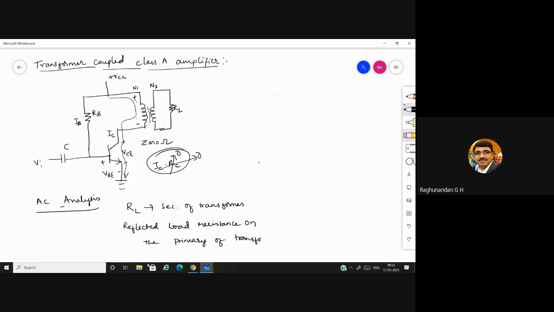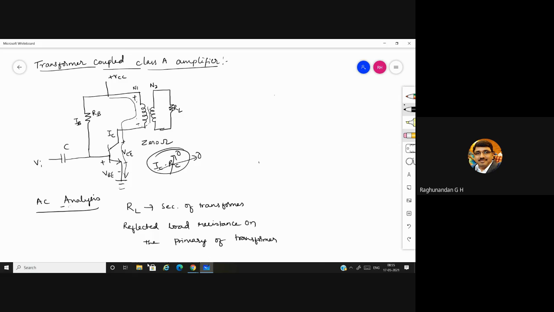This will happen only in the AC analysis, not in the DC analysis. The resistance you have across the secondary of the transformer has some effect over the primary coil. That effect of the resistance connected in the secondary over the primary coil of the transformer is known as reflected load resistance.